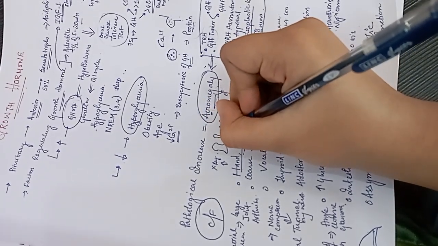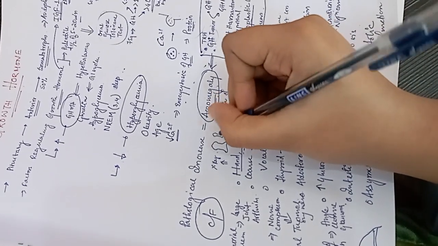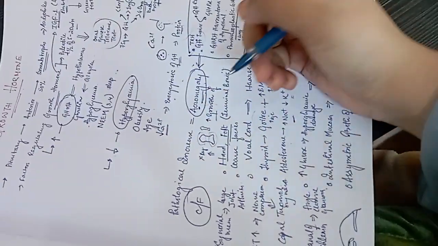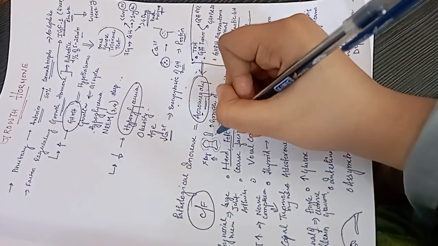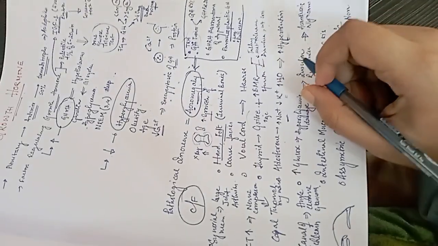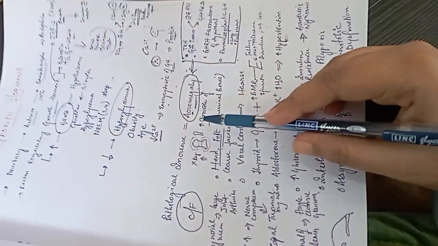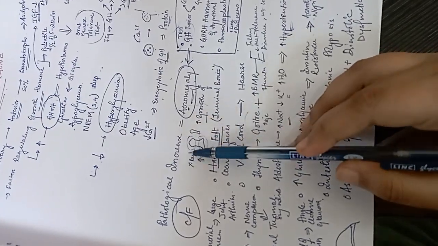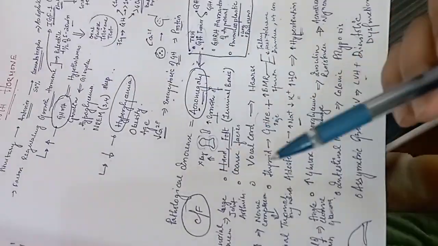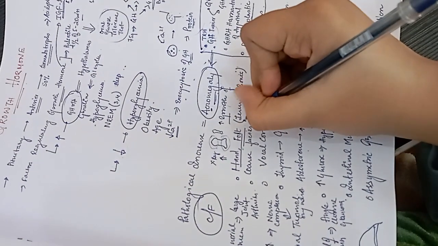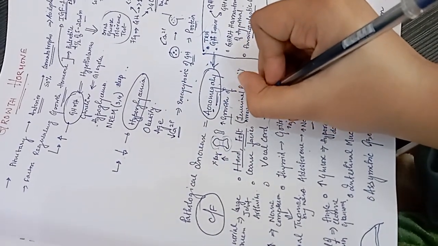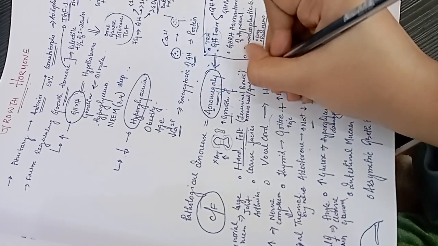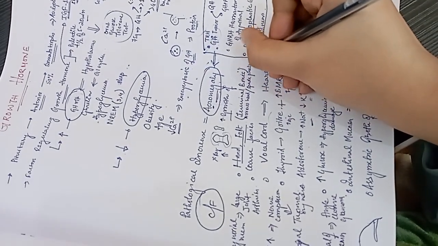The terminal ends will become large in the X-ray. This is known as the arrowhead or spade phalanx.